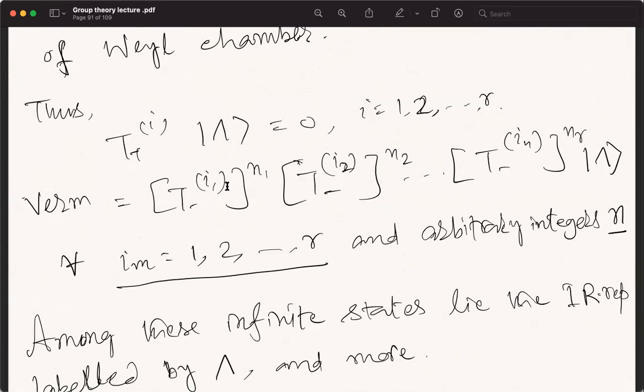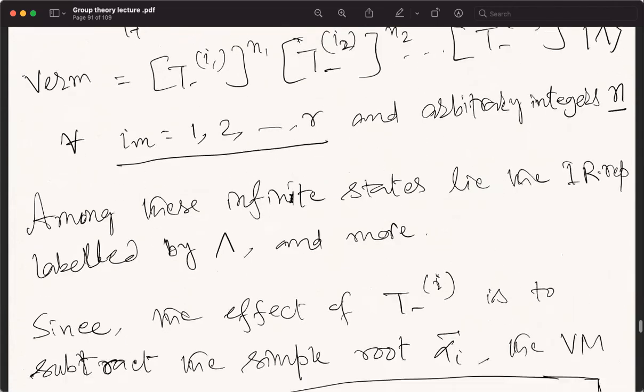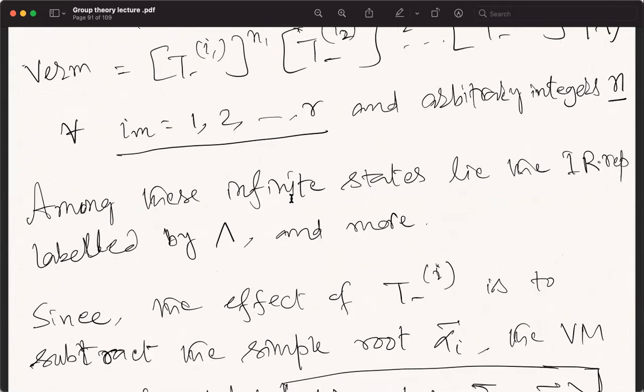So t minus I1 acting n1 times, t minus I2 acting n2 times, and so on, for all i from 1 to R, because there are R elements, as we have noticed here, right? Among these infinite states that lie in the irreducible representation labeled by this lambda and more.